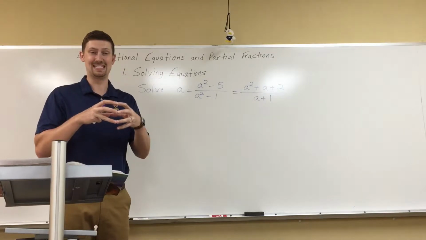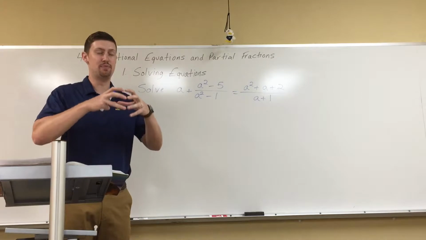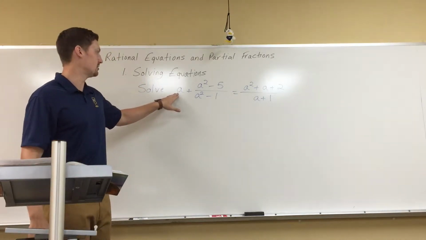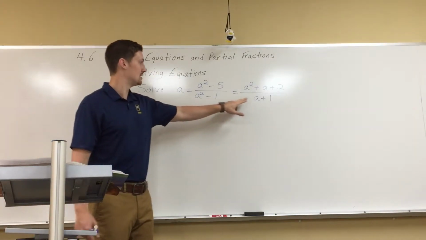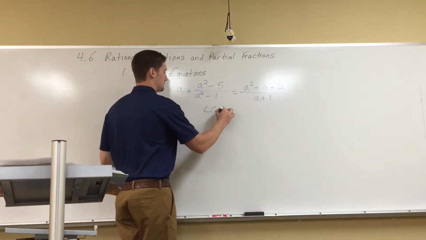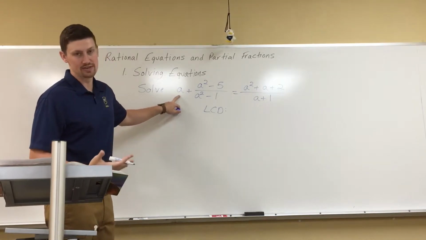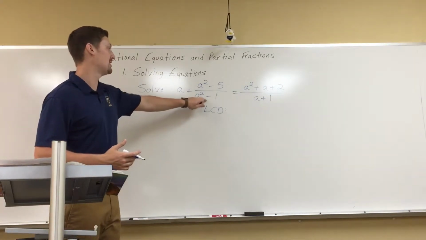It's called the least common, so it's a little confusing, but in a way, it has to be like the biggest denominator that includes everything. In other words, what's the denominator here? 1. Denominator here, a squared minus 1. Denominator here, a plus 1. Your LCD has to include everything. It has to include 1. We won't write that. That's in everything. 1 times whatever. It has to include this and this.